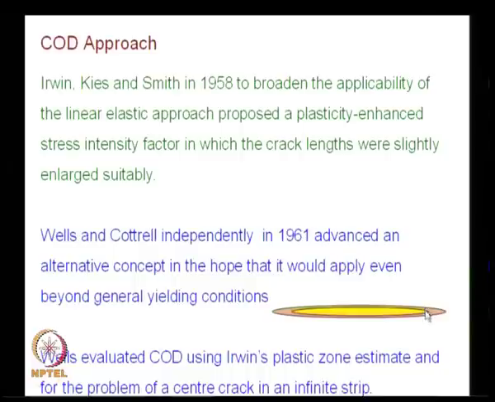So, at the tip there would be an opening which is labeled as COD. So, people had coined new parameters, particularly from the point of view of taking the laboratory results useful for analyzing actual structural components.